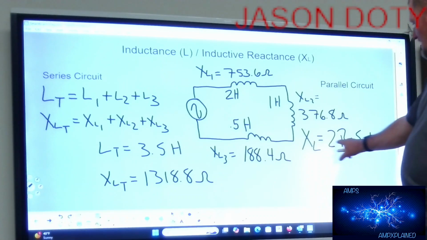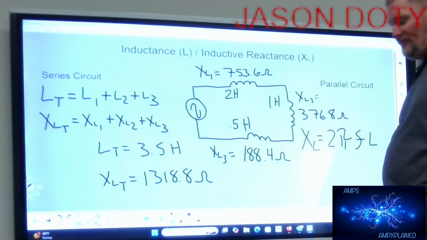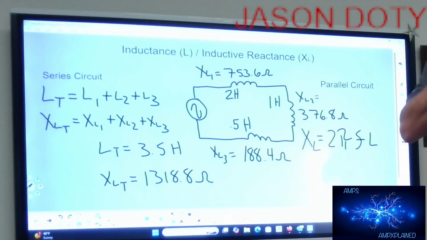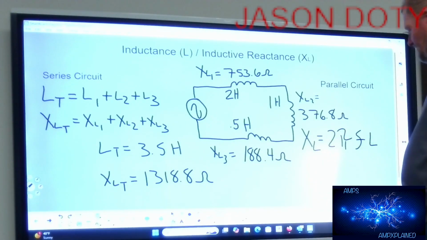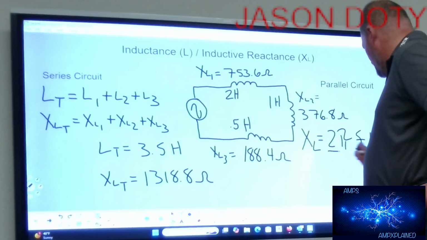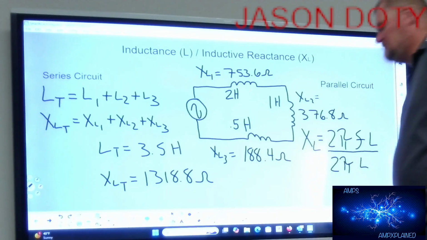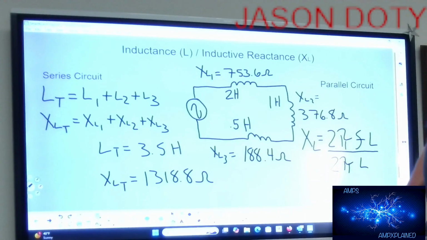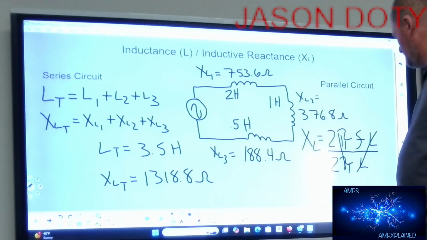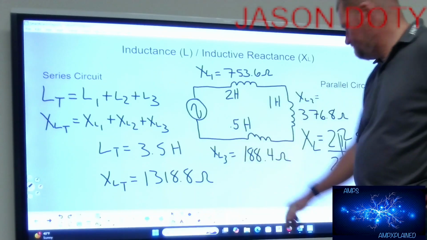That means we're going to take our inductive reactance formula and rearrange it. I want to solve for frequency here. And this is all multiplication. So I'm going to divide out 2 pi L, and that'll cancel out 2 pi and L. And what I do to one side of the equation, I have to do to the other.